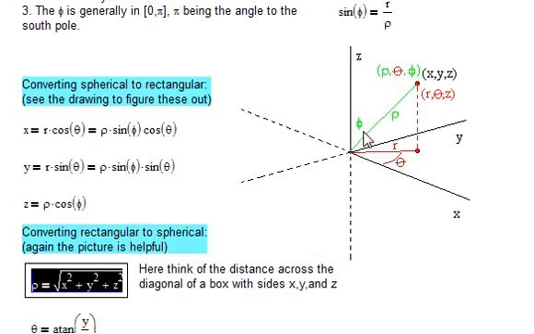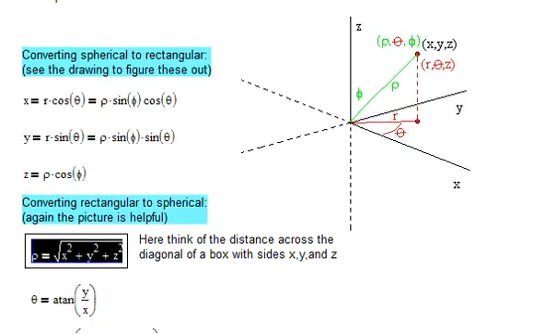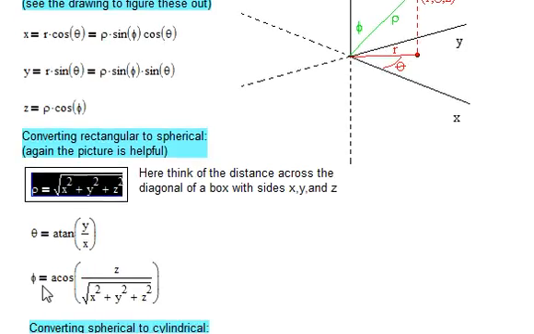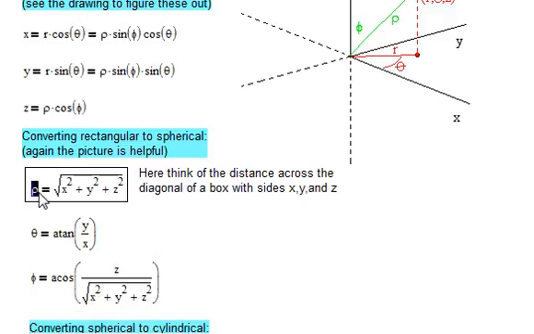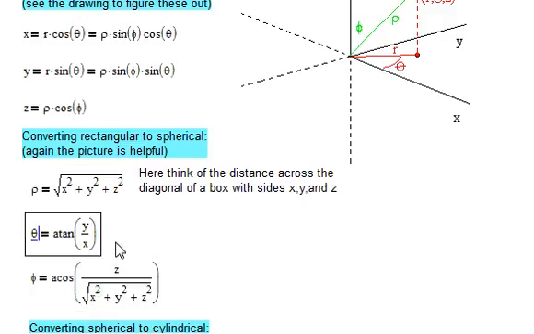But sine of pi over 2 minus phi is the same as cosine of phi. So what does that mean? Phi is the angle whose cosine is z over rho. I didn't write rho, I wrote x, y, and z, because after all, we're given x, y, and z. We're trying to find the rho, which we do this way, the theta, which we do this way, and the phi, which we do this way.